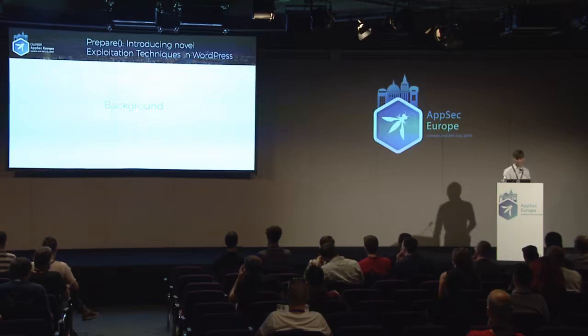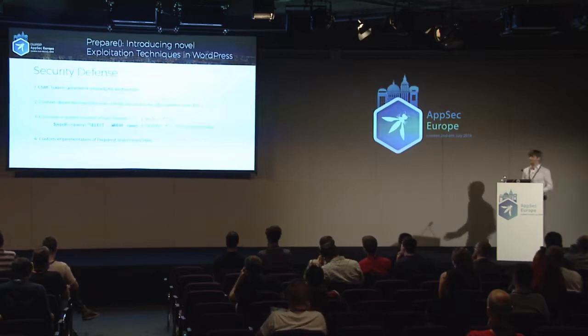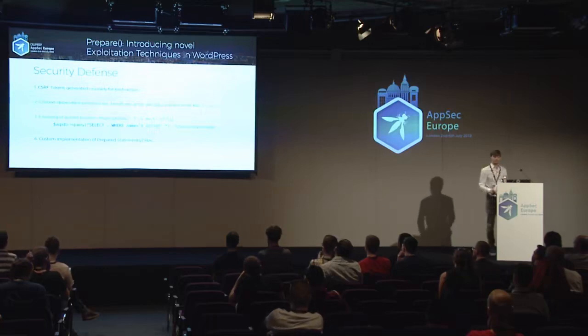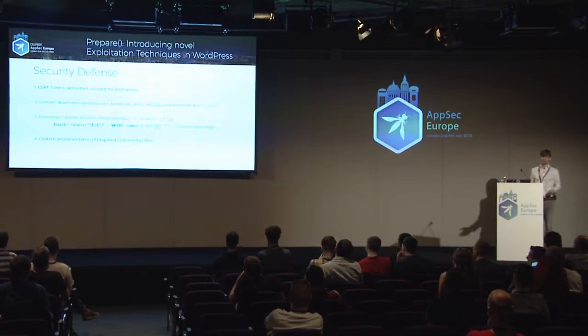So first of all, let's take a look at the security defense side of WordPress. Of course, we have CSRF tokens, which prevent an attacker from performing actions in the name of an authenticated user. These are generated uniquely for each action, so it's not easy to get around that.